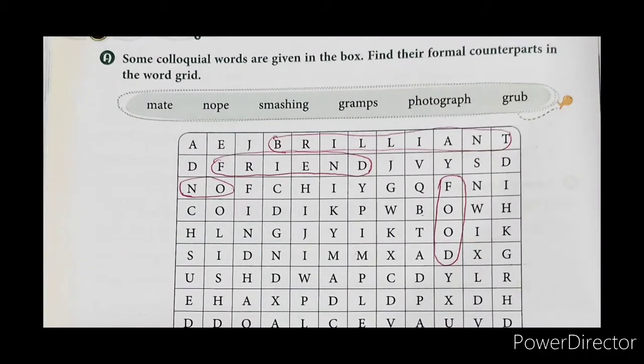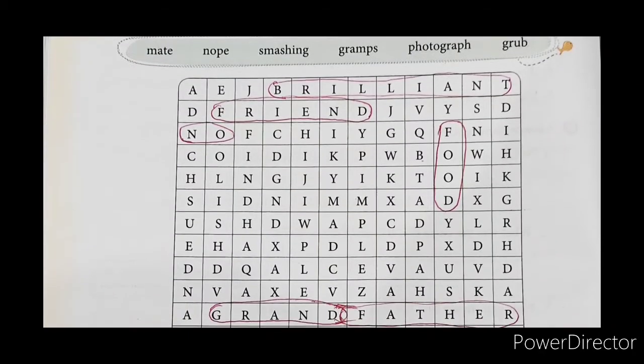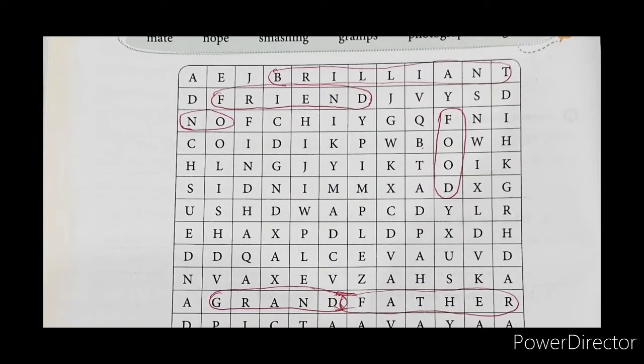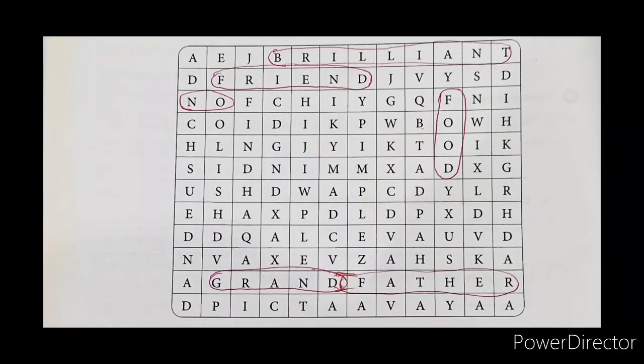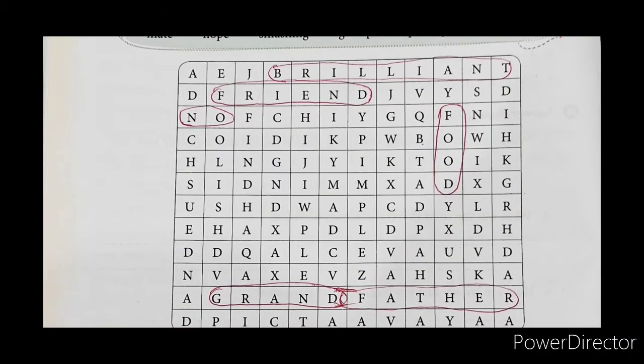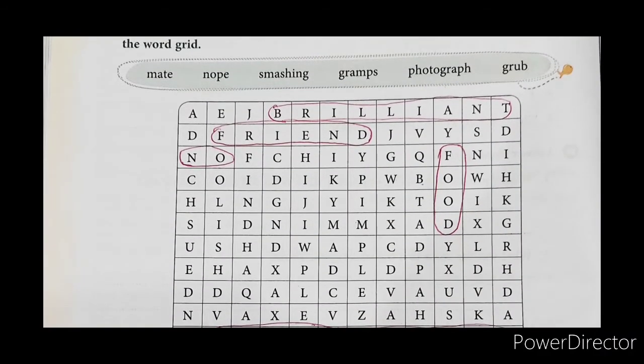Next word is gramps, G-R-A-M-P-S. What is meant by gramps? Gramps means grandfather, G-R-A-N-D-F-A-T-H-E-R. So you have to circle the word grandfather, dear children.